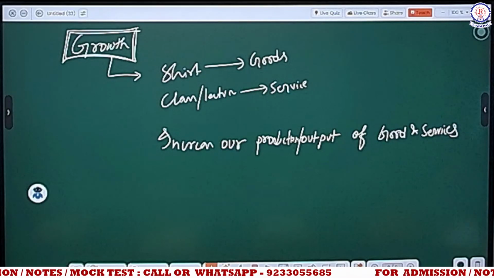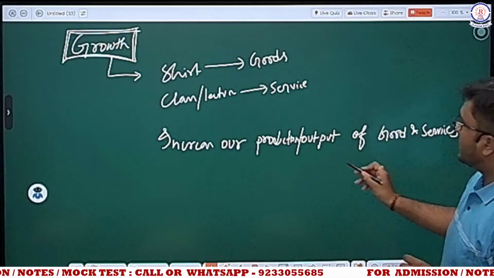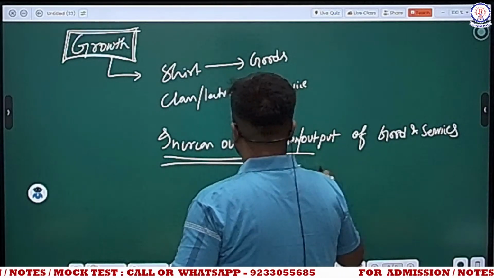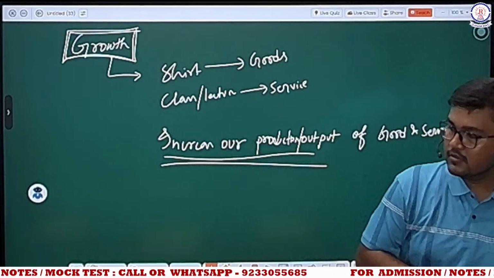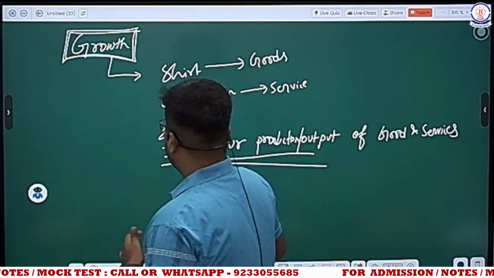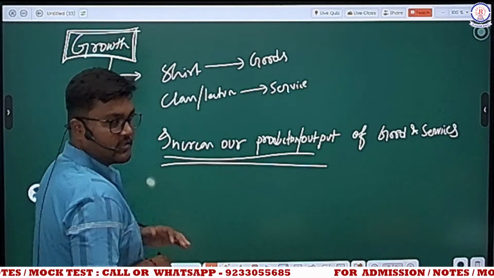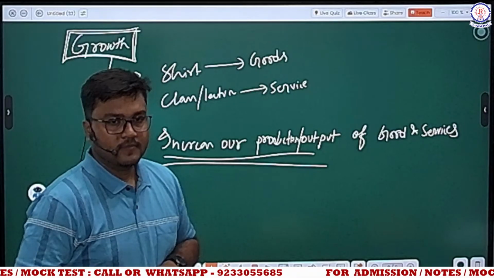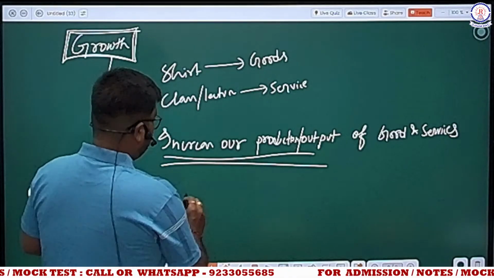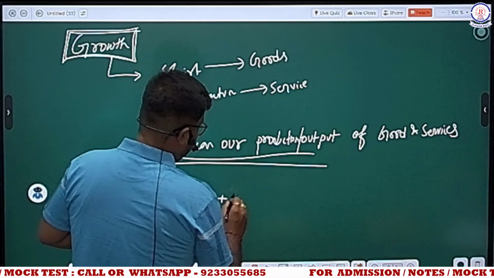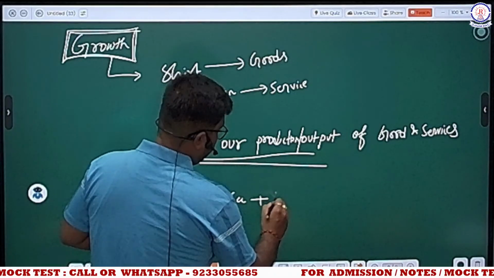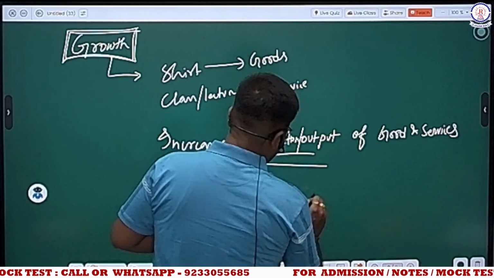Okay. Now for an increase in production of goods and services, all the sectors of an economy, how many sectors of the economy are there? What are they? Yes, primary, secondary, tertiary.